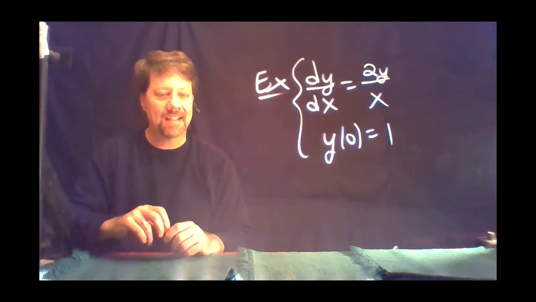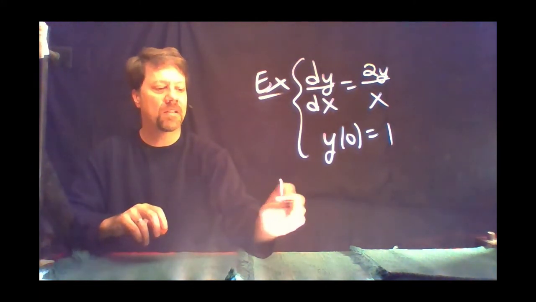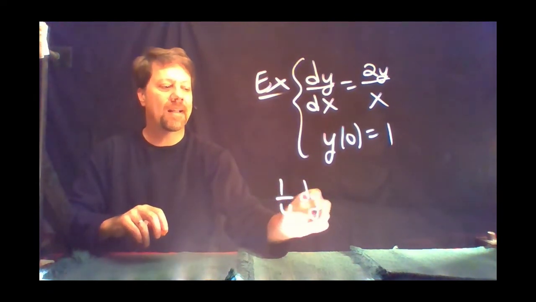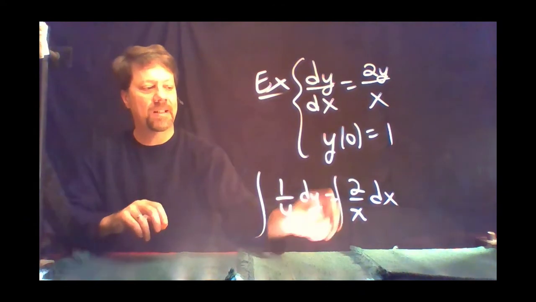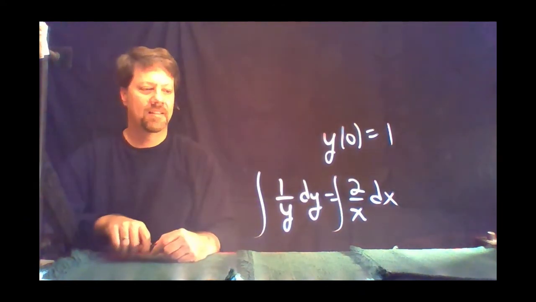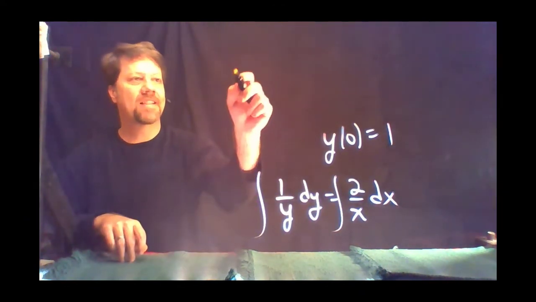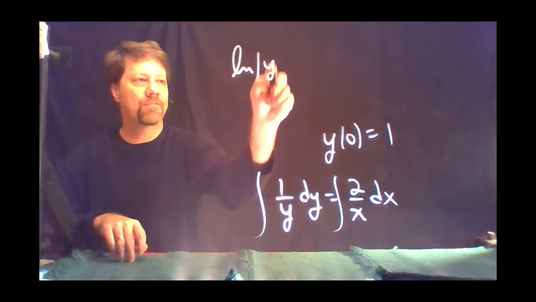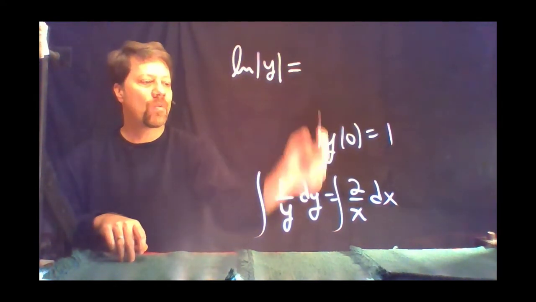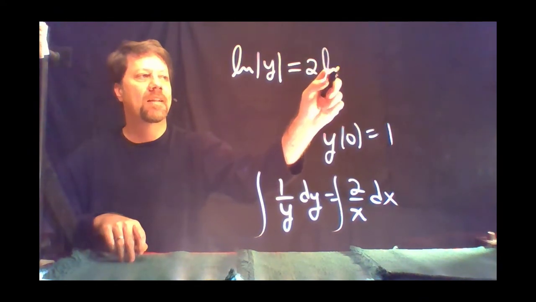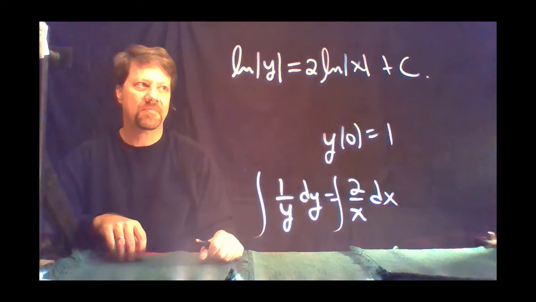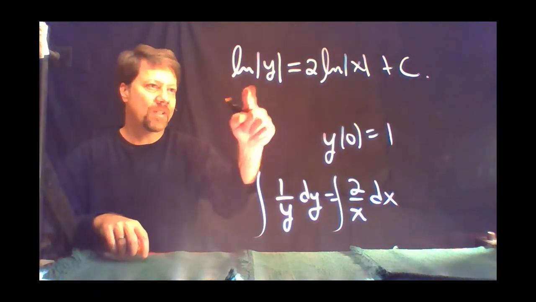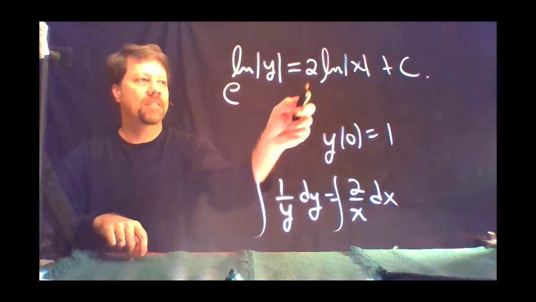It's pretty easy to check because the equation is separable. In particular, 1 over y dy is 2 over x dx, and we simply integrate that. The integral on the left-hand side is ln absolute value of y, and on the right-hand side we get twice ln absolute value of x plus c. Now, we can solve for y by exponentiating.